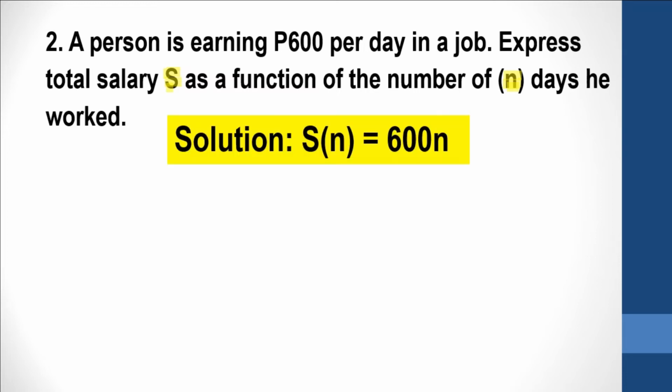Okay, solution. Okay, just like before, parang ganito lang. S of N or the salary in terms of the N number of days is equal to 600 times the number of days. Kung ilang days siya magtatrabaho. Kasi 600 per day. Most likely, multiplication gagamitin natin.